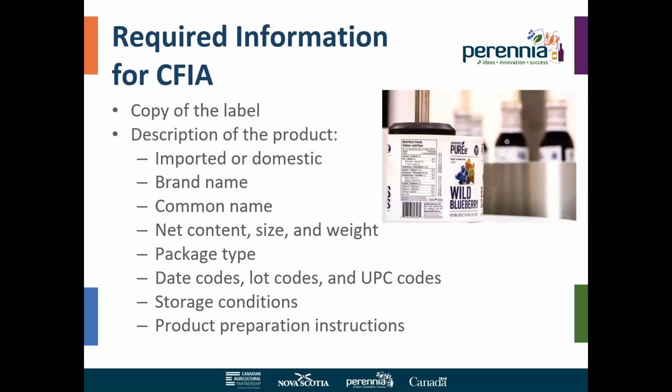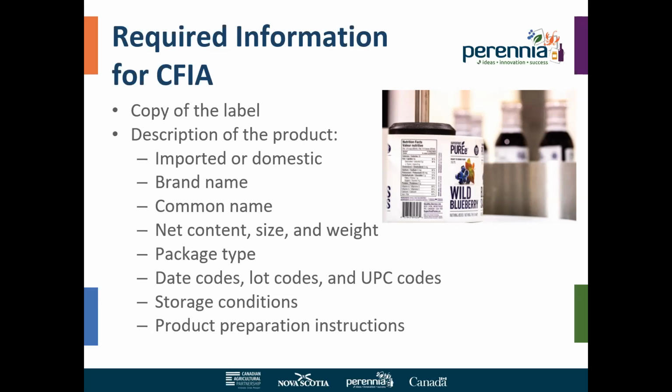Is it a cantaloupe? Is it cherries or dried cherries? What is the net content, the size or the weight? What is the package type? Are you packaging it in a pre-printed retail bag, or did it go out in a tray and a bunch of clamshells? How was that packaged and shipped out? What are the specific codes, lot codes or date codes that are on the product? And what are the storage conditions of the product?